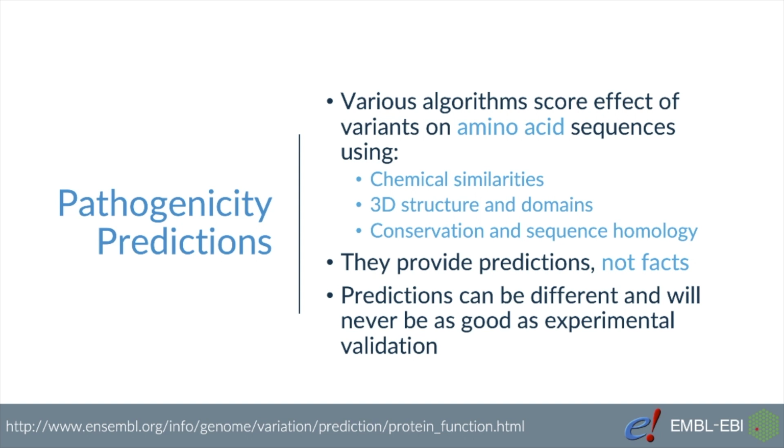Some others might take into account 3D protein structure and domains, or conservation and sequence homology. So for example, if a variant falls in a conserved region, it is more likely to be deleterious. It's important to remember they provide predictions, not facts, and most of them haven't been functionally or experimentally validated. So they should be taken with a pinch of salt, as they might sometimes disagree.